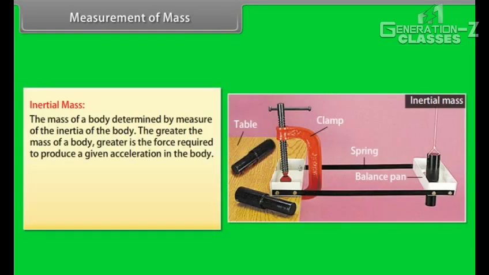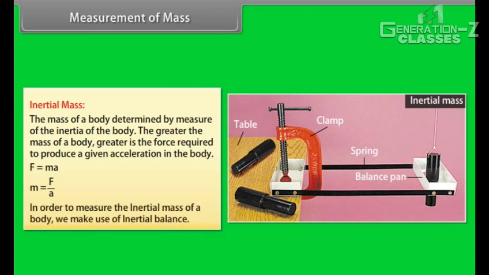The mass of the body is determined by the measure of the inertia of the body. The greater the mass of a body, the greater is the force required to produce a given acceleration in the body. F = ma or m = F/a. Thus, a very heavy body has a larger inertial mass than a light body.